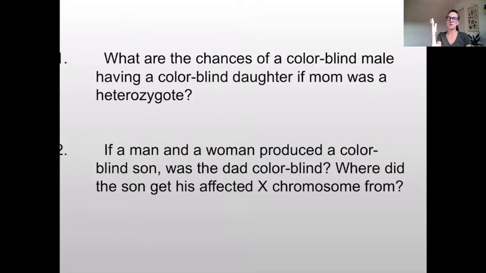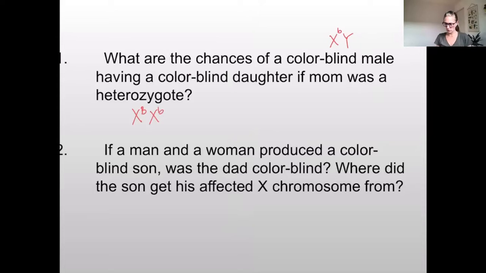But let's do some of these. What are the chances that a colorblind male, who would have the recessive genotype, has a colorblind daughter if the mom is a het?